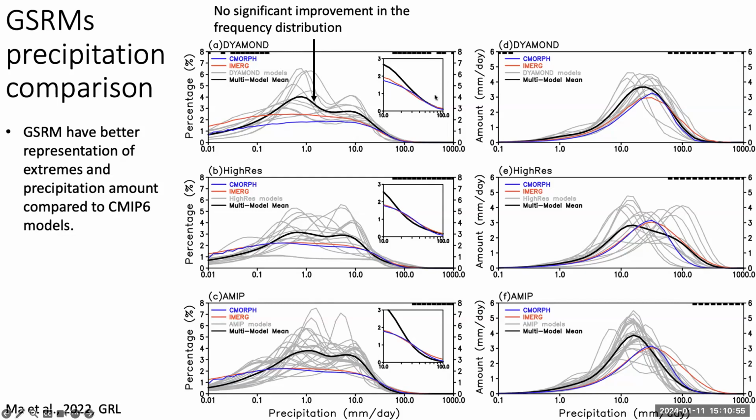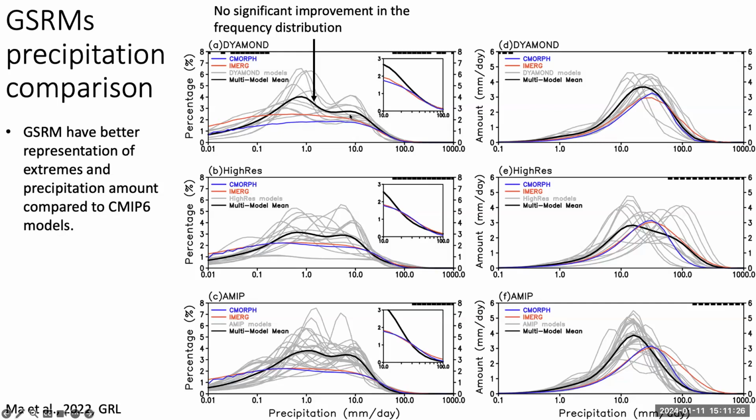I didn't say it, but the top are the DYAMOND models, the middle ones are the high resolution CMIP6 models, and the bottom ones are the AMIP models, and the blue and red colors are different observation estimates. The reason that they look different between here and here is because we are looking at two different periods. Here is just 1 month, and here is a climatology of a few years around the same month, all around August.